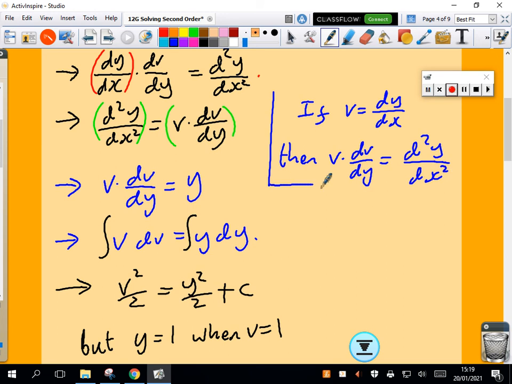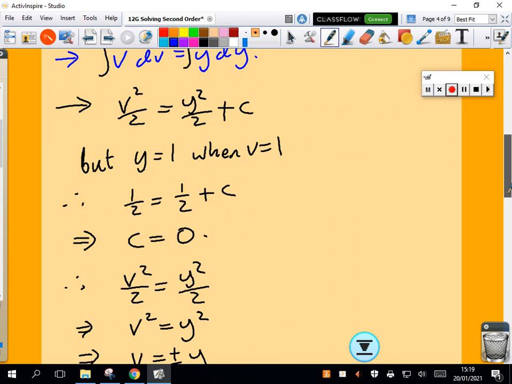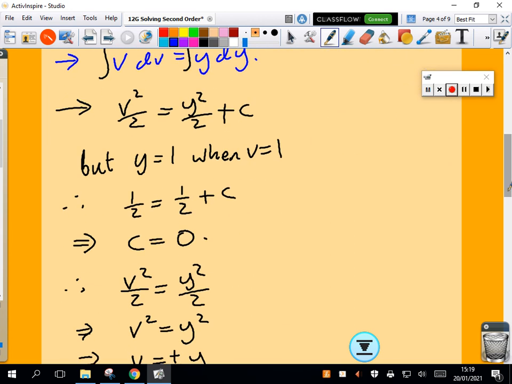So you could commit that to memory and just make that substitution straight in. My brain doesn't work like that. I like to derive this value for d²y/dx² all the time. Okay, substitute it in. Now we have our first order. Separate, integrate, use your initial conditions to solve, find a particular solution.